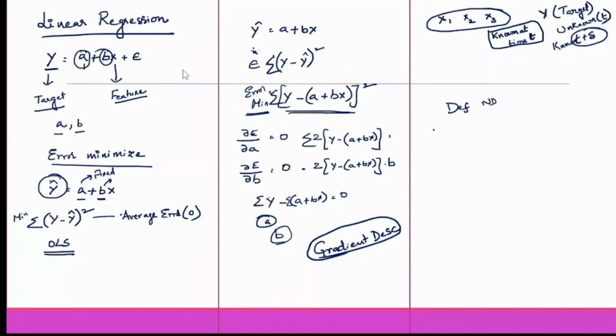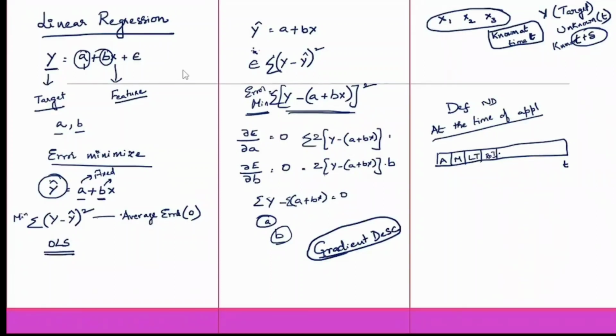I'm taking the time of loan application as time t. So possibly the age of the person, the marital status of the person, the loan type, the rate of interest, right?